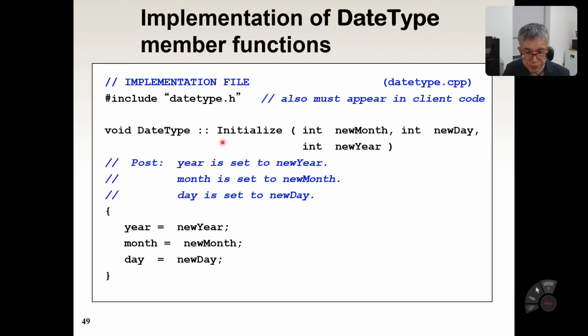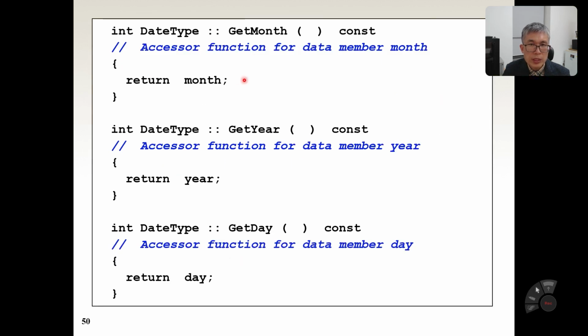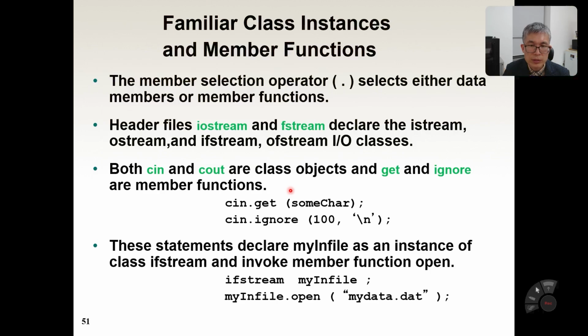Then in the data type function initialize, the year, month, and day are set using the parameter values. The get month function is constant, so it just returns the value and does not change the class variable. Get year returns year, and get day returns day.